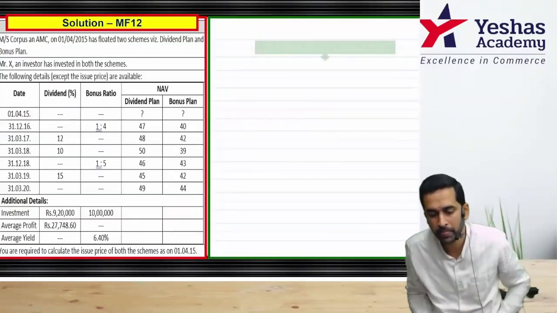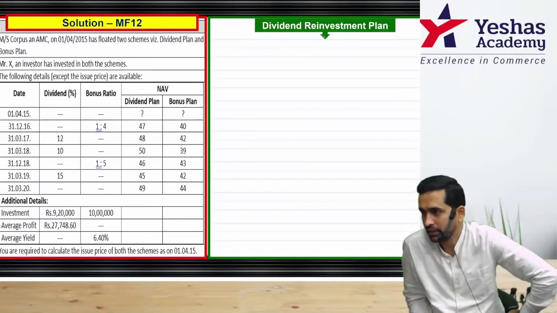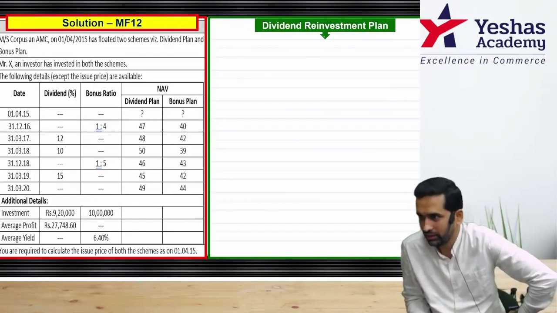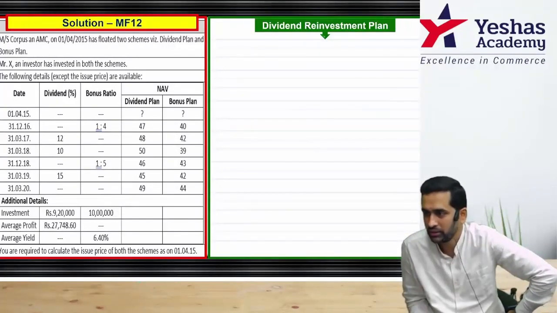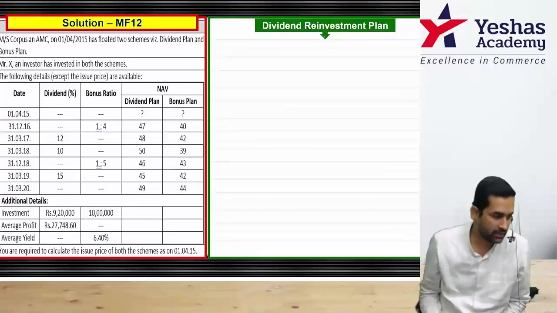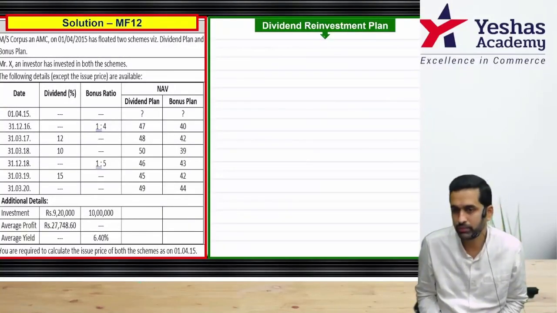Start. First plan is dividend reinvestment plan. Only for your reference, if you want, write a star and on top of the page make a note. Dividend plan should be understood as dividend reinvestment plan, because the question says dividend plan, but it is dividend reinvestment plan.